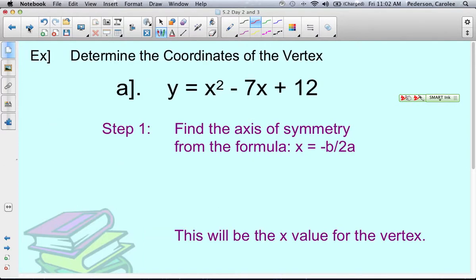All right, here's our first example. I do want you to write this example down. Determine the coordinates for the vertex, given the equation y equals x squared minus 7x plus 12.